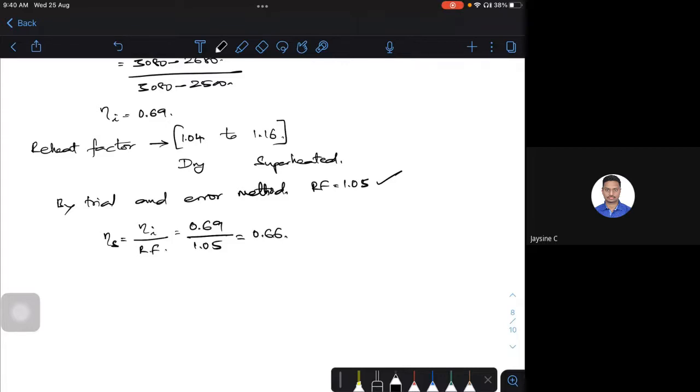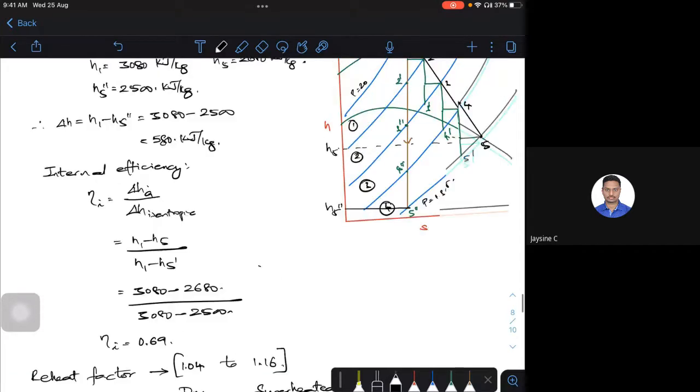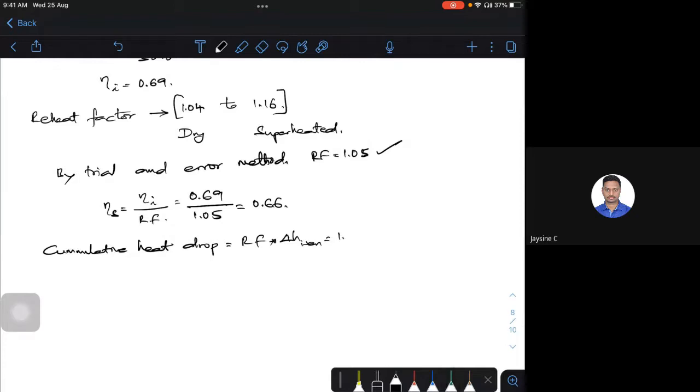The advantage is that once I get the stage efficiency, I'll be able to get the enthalpy drop for each and every stage. The cumulative heat drop is equal to the reheat factor times delta H isentropic, that is 1.05 into 580, so roughly 609 kilojoules per kg. This is your cumulative heat drop.